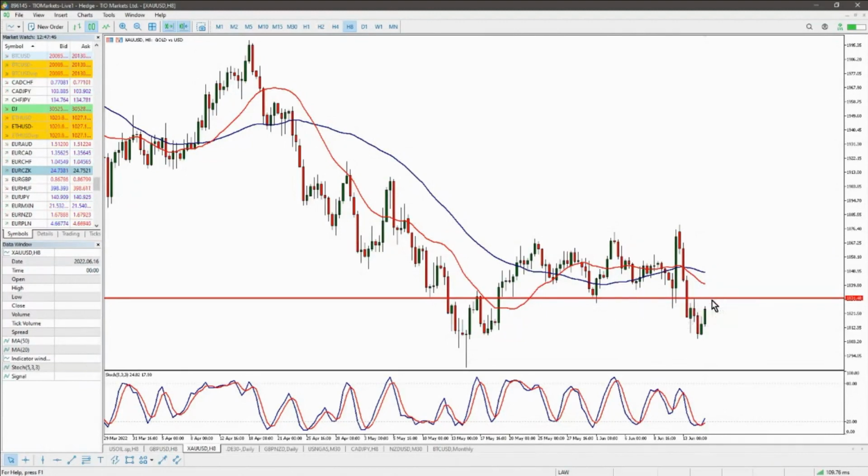So in order to create a sustained move higher, probably at least to this 50-period moving average at 1870.43, or maybe even here, it has to have a decisive breakout above 1831.50.